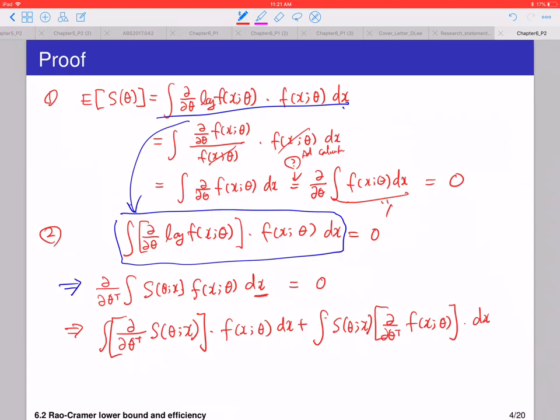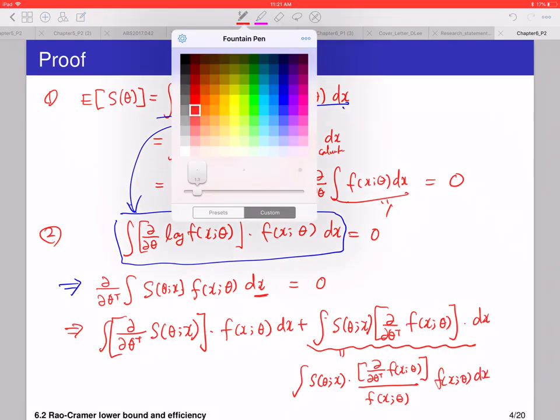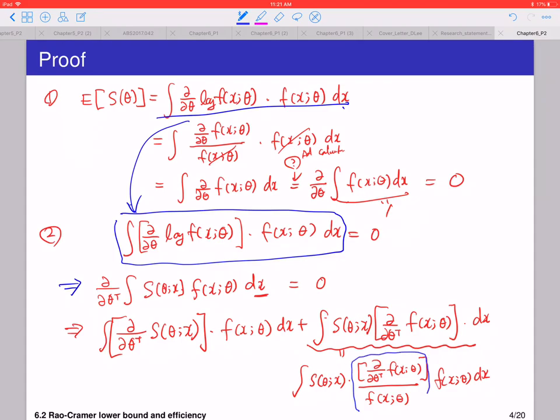And then notice that this can be written as the derivative of f x theta divided by f x theta, times f x theta, and that is the score function S theta x transpose.